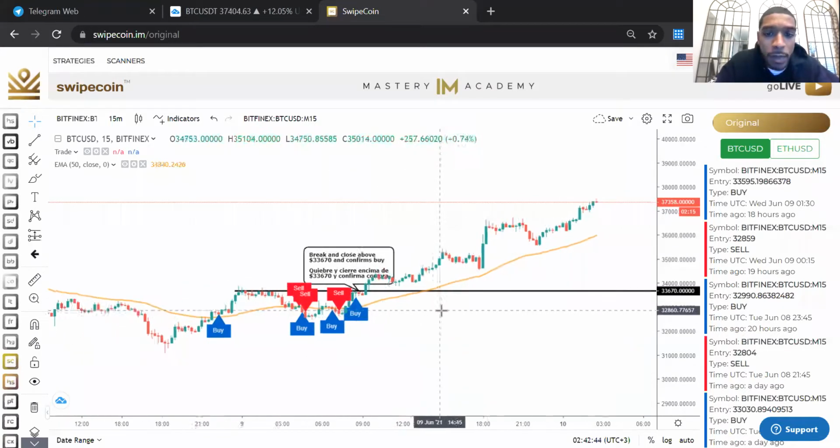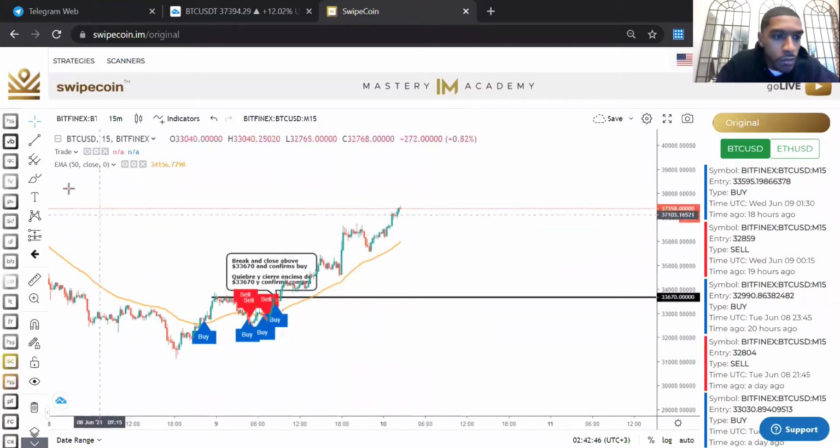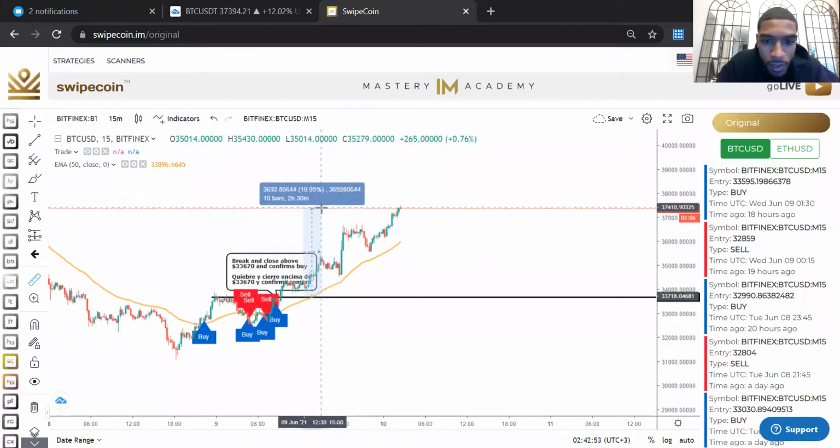So if you would have entered this buy, just want to show you real quick. We're talking about a ridiculous amount of pips right here. We're talking about 3,670 pips to be exact. And I just want to put this in perspective for you guys.